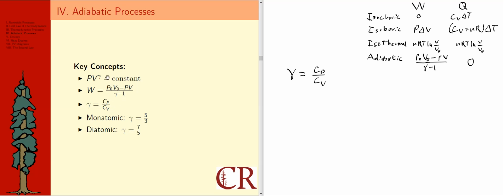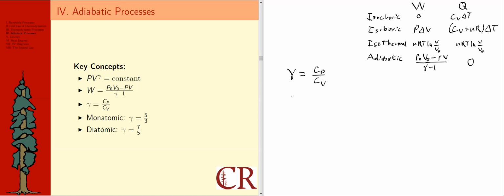Now, I'm not going to connect all the mathematical dots for how you get to this work formula from basic concepts. Even this statement that I've started here on the key concepts page is a starting point for adiabatic processes: that pressure times volume raised to the power of gamma should be equal to a constant.